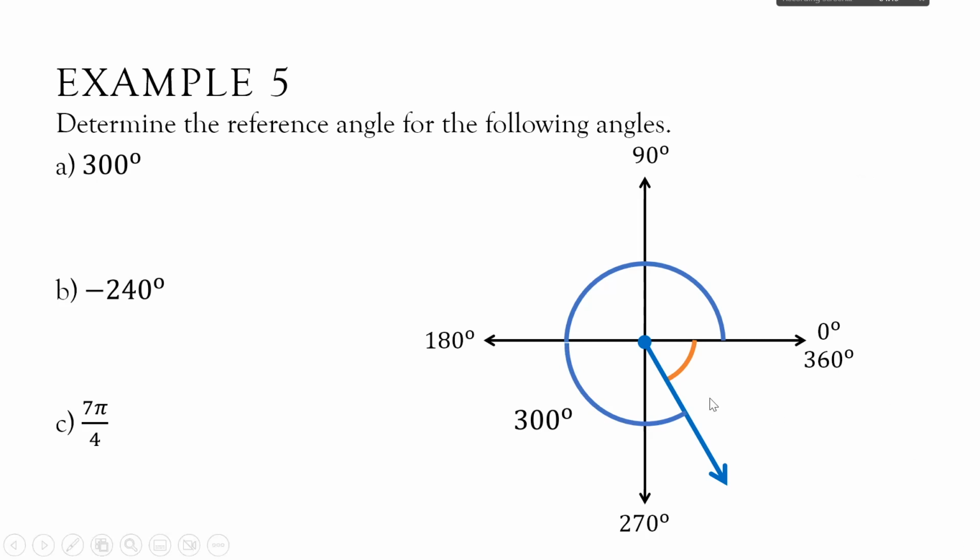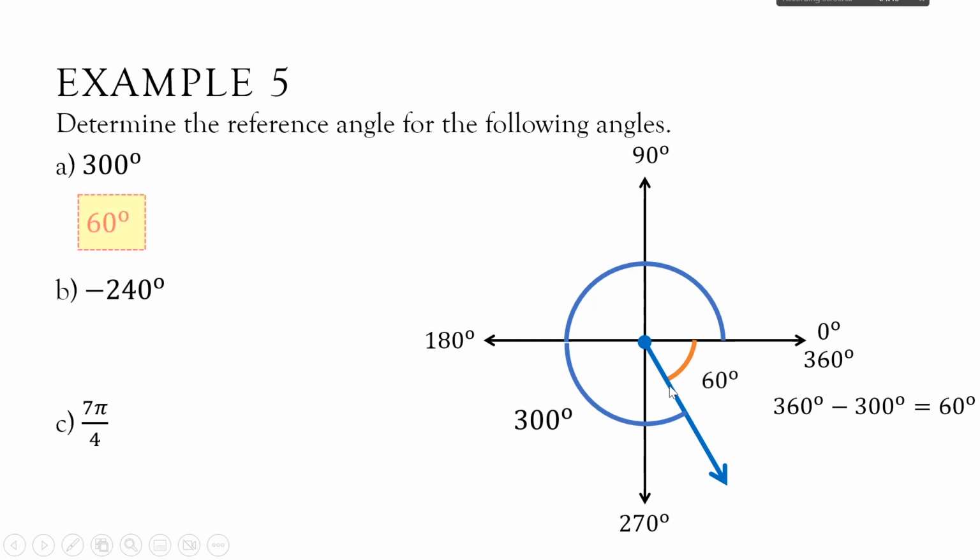Alright, so what is this angle supposed to be? What is this orange angle? Well, what I've drawn so far here is 300 degrees. How much further do I need to go to get to 360? Well, I can find this by saying, let's take 360 minus my angle, 300. This is 60 degrees remaining here.